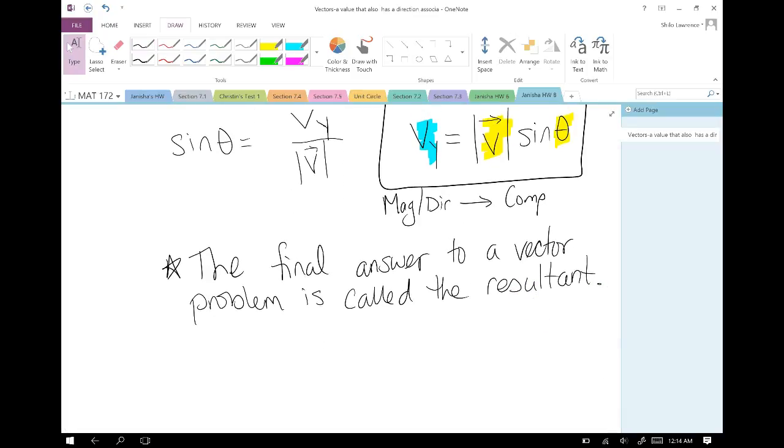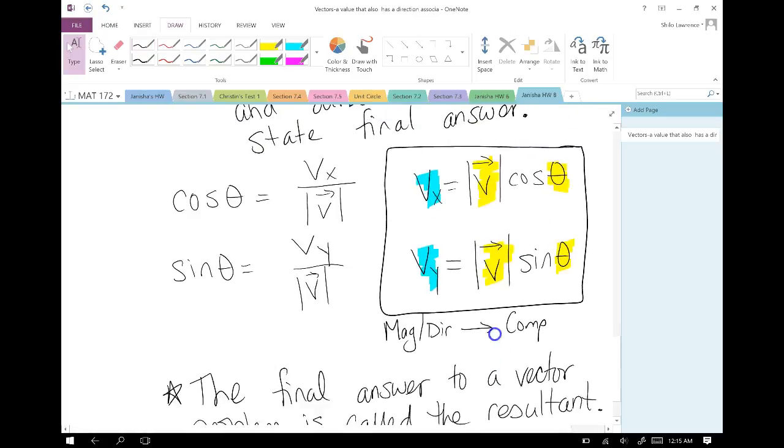Once we convert to components and then combine the like components, we will have components for the answer. We'll have r sub x and r sub y. And we want to take these and turn them back into a magnitude and a direction. So I'm going to scroll back up to my triangle so that we can see again what pieces we have and what we need to do to turn them back into magnitude and direction.